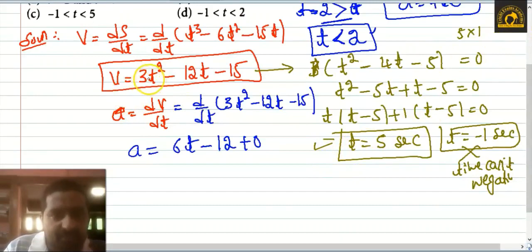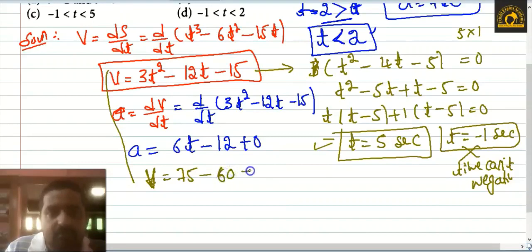So v is equal to 5 square 25, 75 minus 60, so minus 15. So we got the answer: velocity is 0.